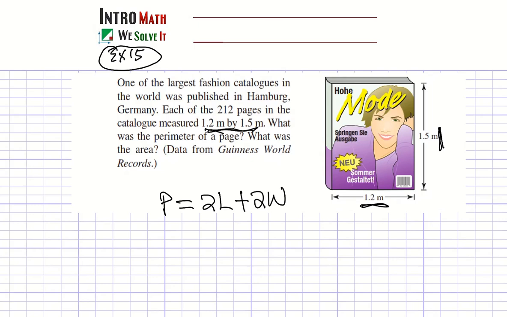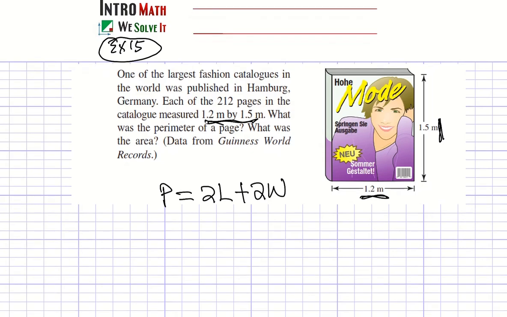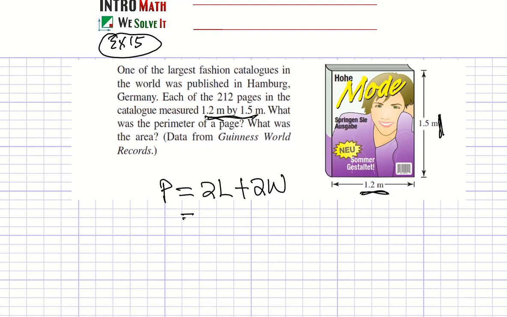They actually gave us the width and the length. This is a simple problem. So perimeter will be, since this is the length, because that one is longer than the other one, well, it doesn't really matter. 1.5 times 2, plus 1.2 times 2.